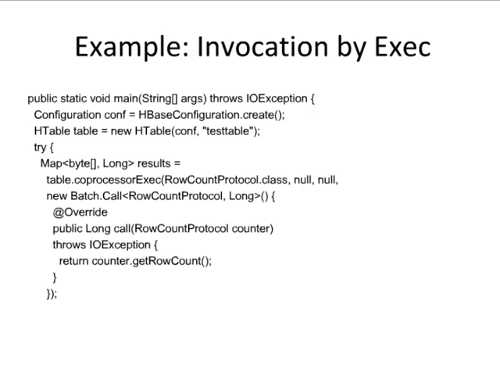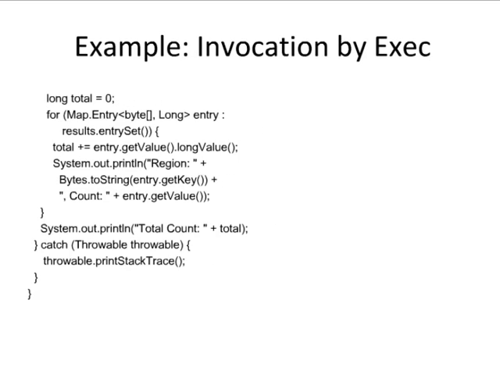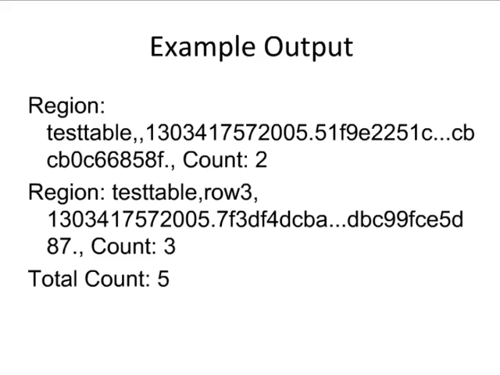And the other invocation, basically by proxy, just to wrap this up, is, sorry, let's jump there a little bit, this one. Invocation by proxy, you do a similar thing. You use your row count protocol, you call table coprocessor proxy.